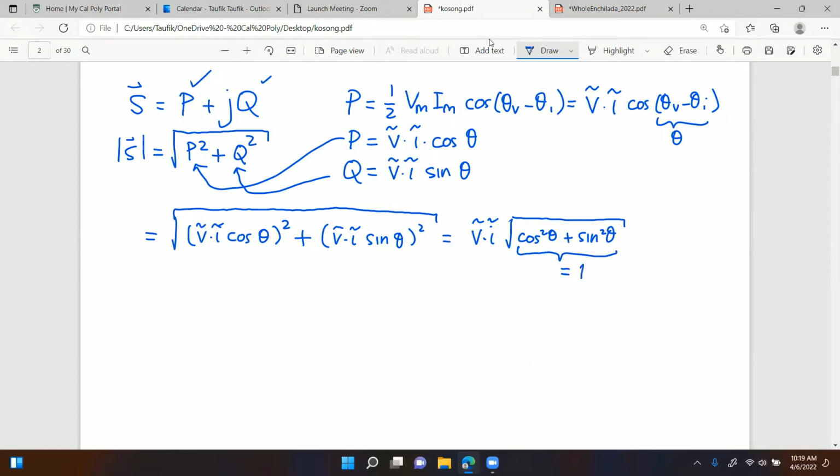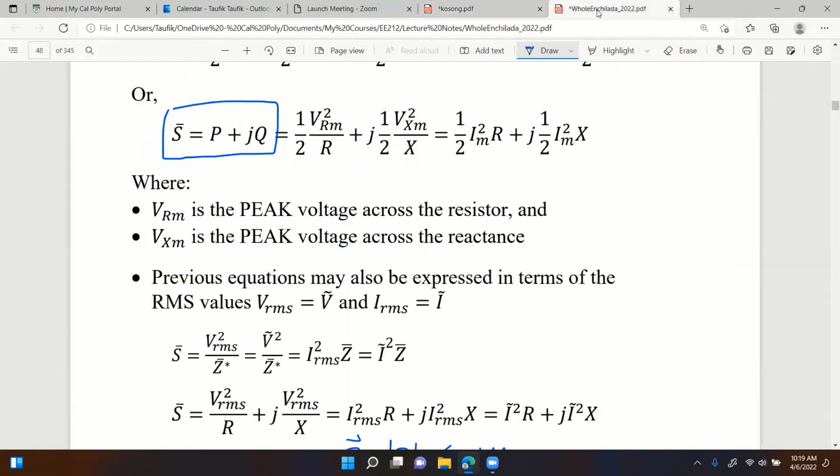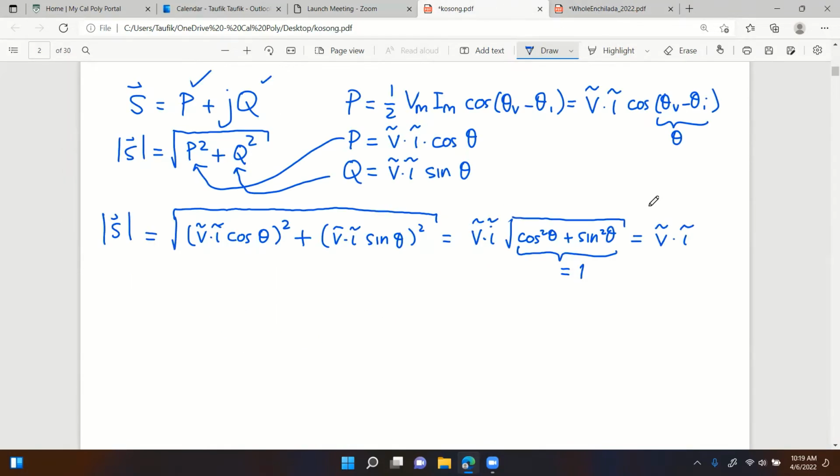So now we know that another equation for apparent power is V times I. So that's the equation that I just derived: from the fact that complex power is equal to P plus JQ, I can find the magnitude using the square root of P squared plus Q squared, knowing that P is VI cosine and Q is VI sine.